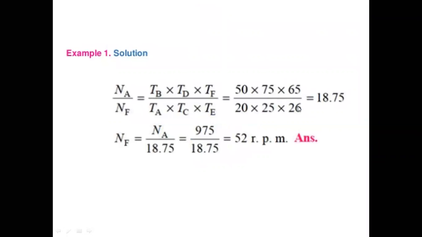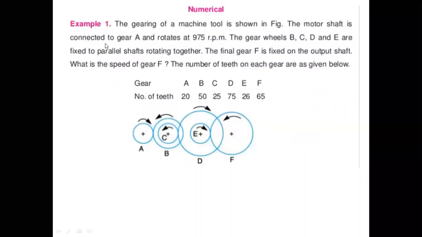So the solution is speed of gear A upon speed of gear F. If we see, this is a compound gear train because the input shaft consists of only one gear, the output shaft consists of only one gear, that is gear F, and the two intermediate shafts consist of two gears on each shaft.